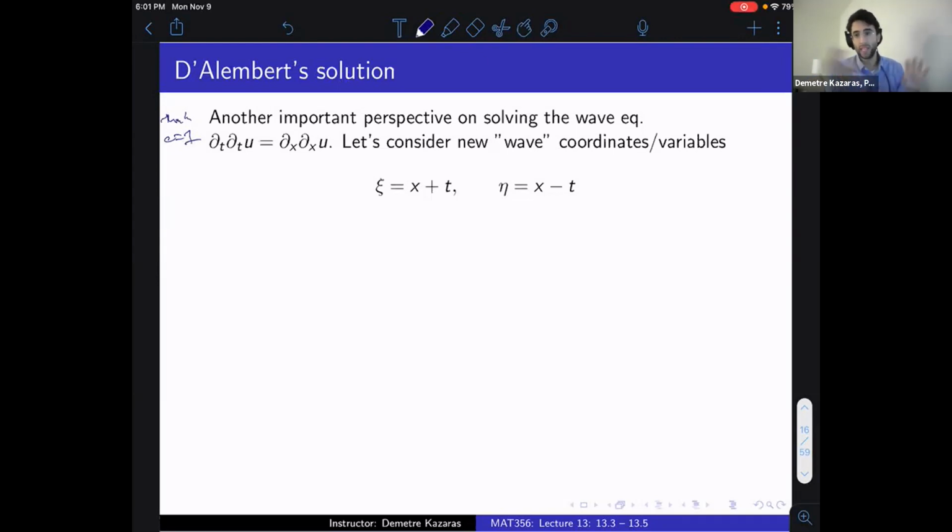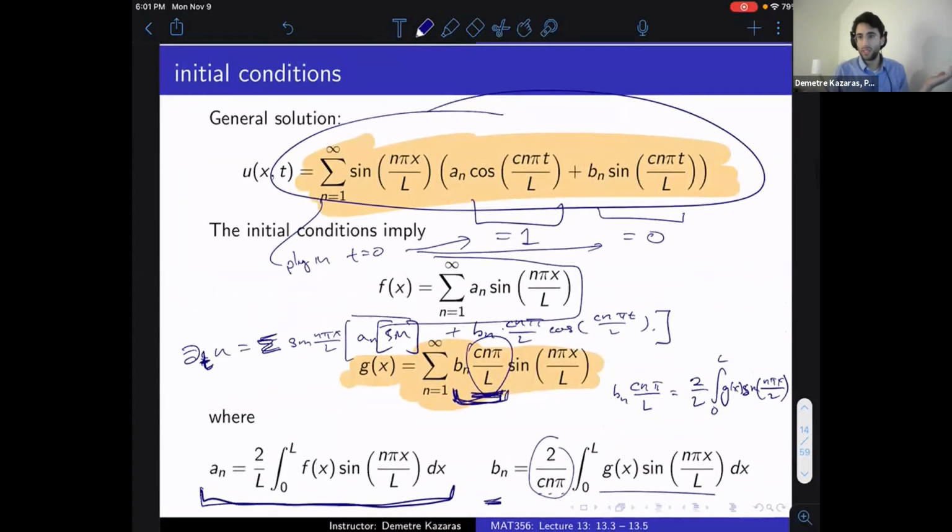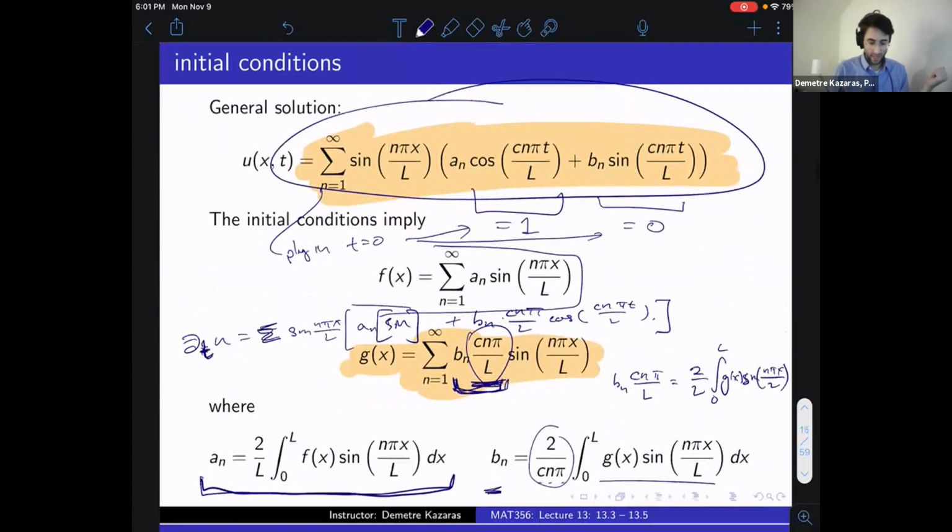Okay, so let's take a different perspective. We can do the separation of variables approach generally for a lot of different partial differential equations. It will give you a formula for a solution, but mileage varies with it. It's a bit of a doozy, this formula, and it's not so clear what's going on.